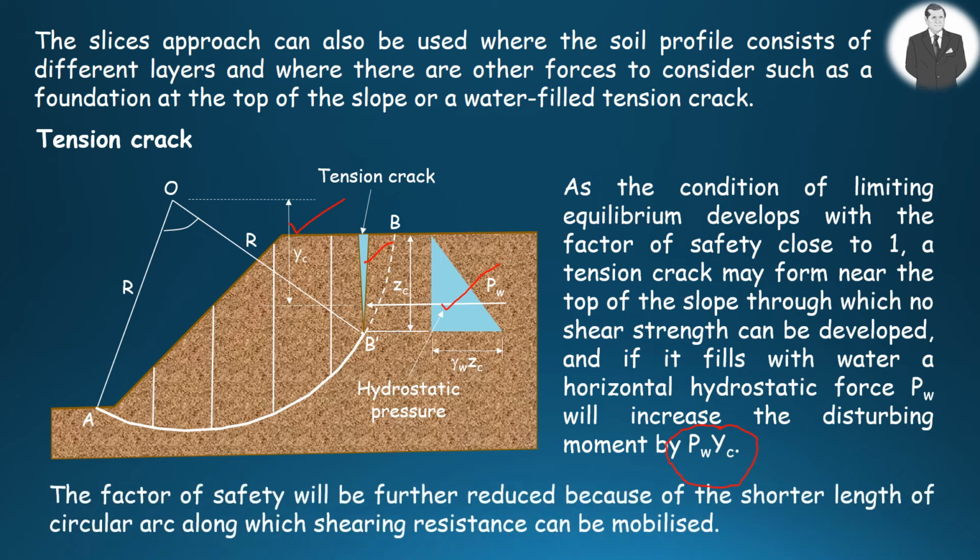The factor of safety will be further reduced because of the shorter length circular arc, as shown in the figure, along which shearing resistance can be mobilized, and the upper part will be ignored because there will be no shearing resistance, as stated before.